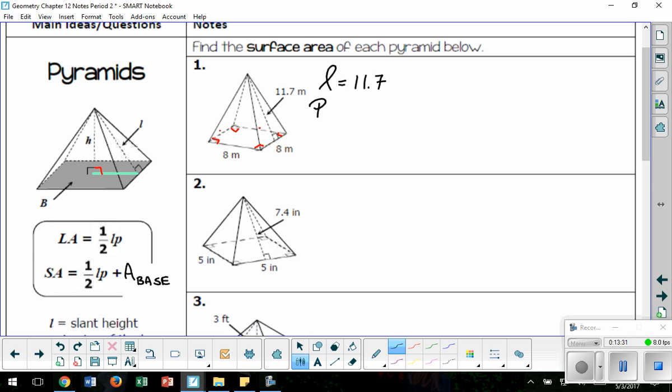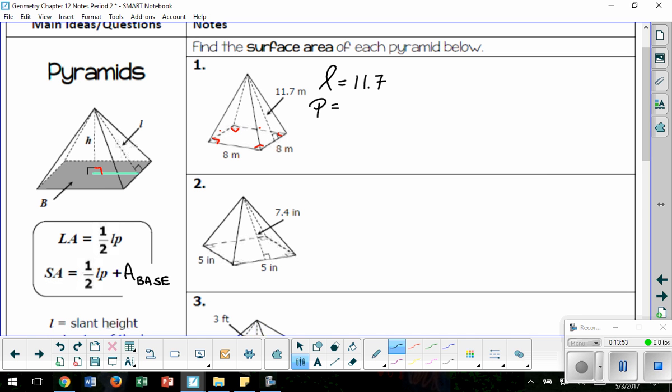We need our perimeter. How do we find our perimeter? Oh, Hannah, how do we find our perimeter, everybody? Add up all the sides. Someone in the back table, tell me how to do it. Back table.